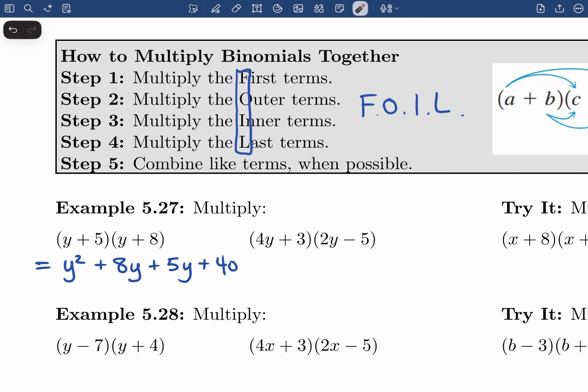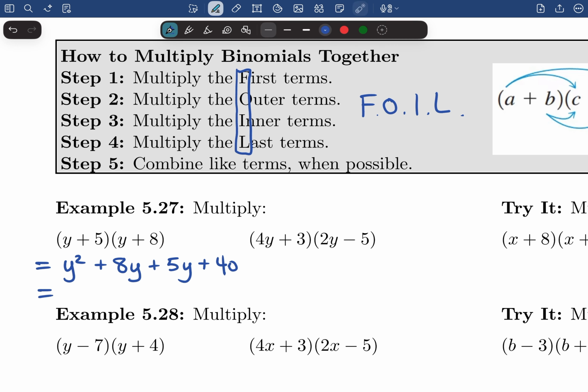Now, why is my result positive for all of these? Because there were no negative values that I was multiplying. This was positive y, positive 5, positive y, positive 8. Okay, now the very last thing to do that we talked about in our process, step 5, is to combine like terms when possible. Like terms have the same variable with the same power. Now, looking at this, I see an 8y and a 5y.